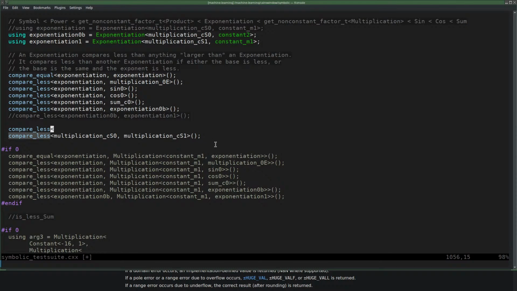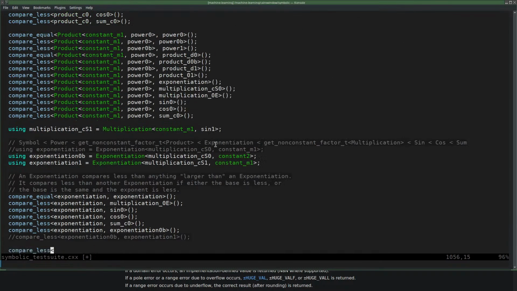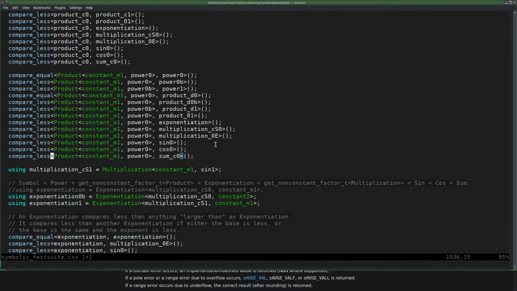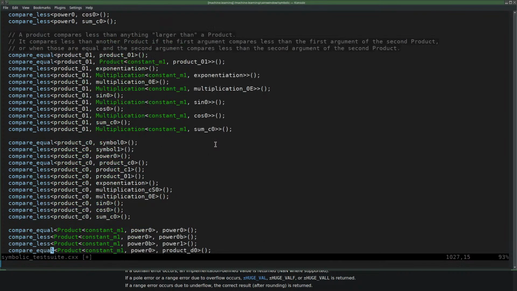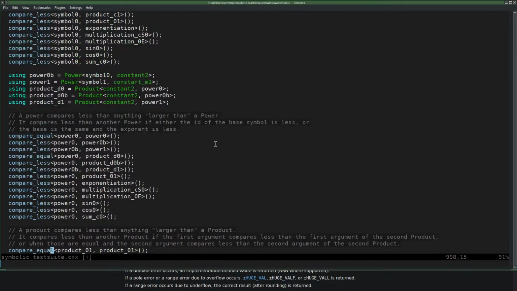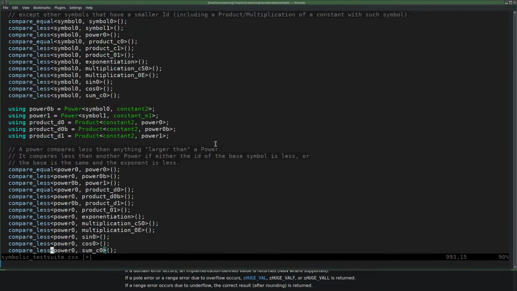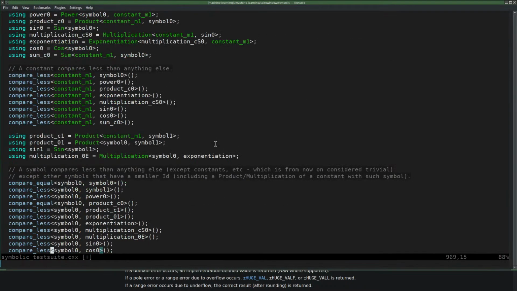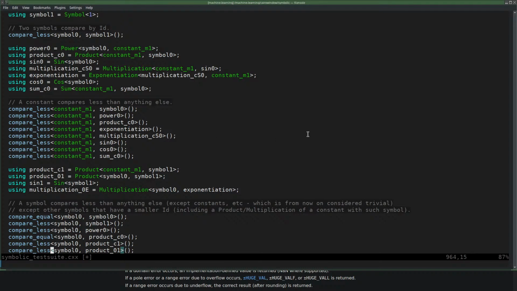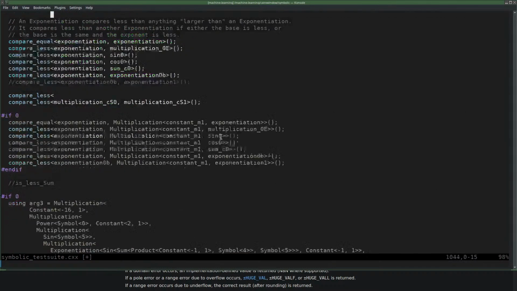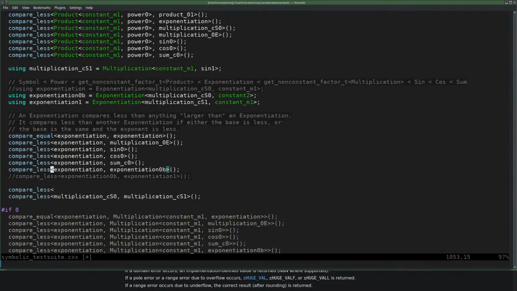So that multiplication CS0. That's just sine 0, right? Where's my multiplication? This one, so it's sine 0. Sine 0 should be comparing less than sine 1.